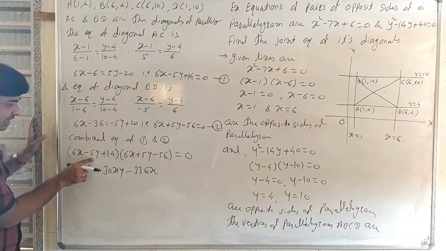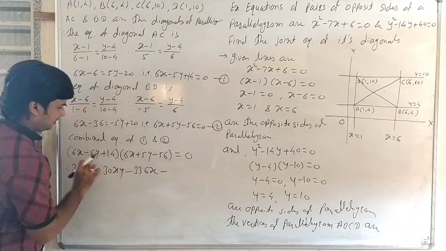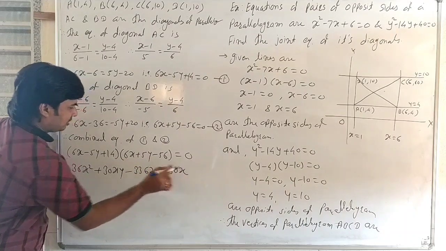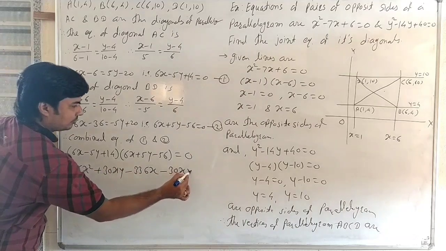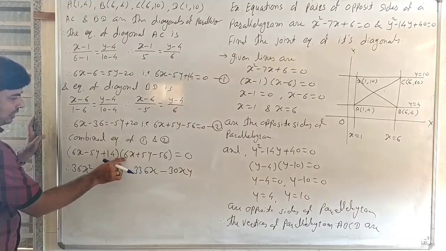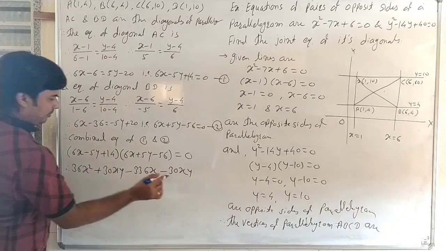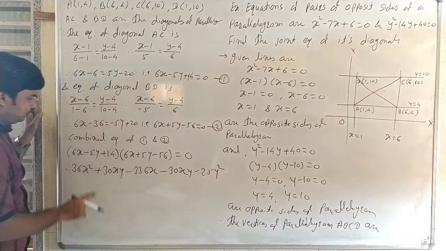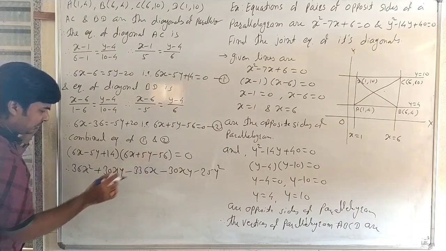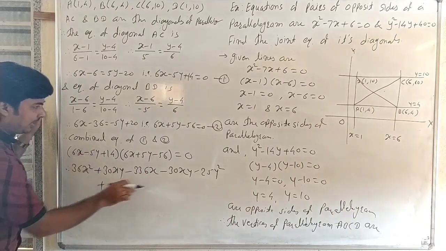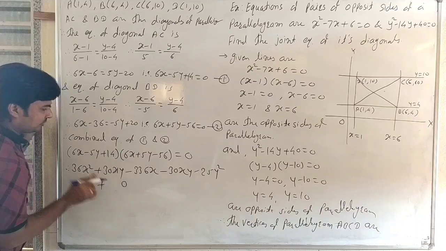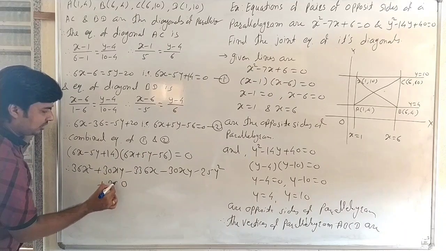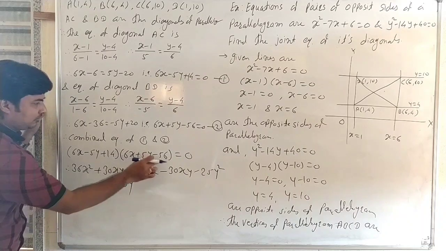Now multiply by minus 5y: minus 30xy minus 25y square plus 280y.